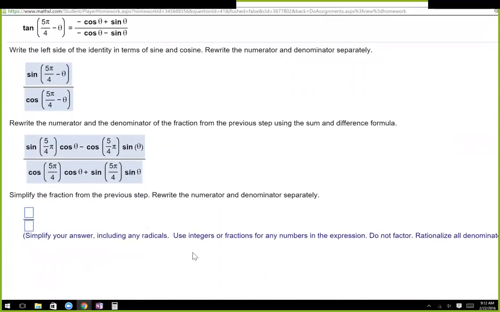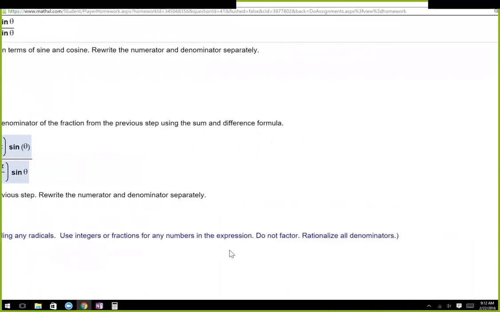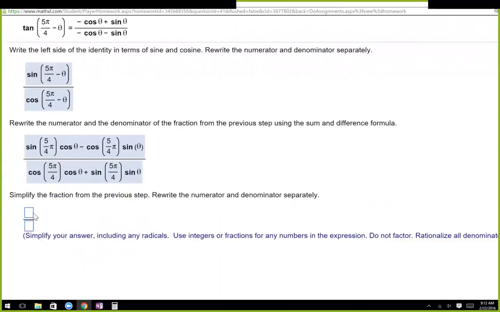And it says simplify, and it does say rationalize all denominators. So now all we're going to do is ask, what's sine and cosine of 5 pi over 4? Where is that? Quadrant 3, so they're both negative.